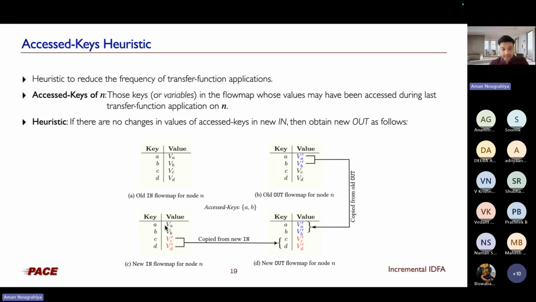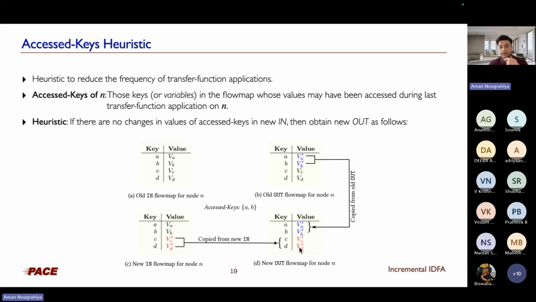Since the values for A and B did not change since the last processing, we know that this transfer function's impact on the set A and B would still be the same. So we'll just copy the values VA prime and VB prime to the new outflow map. Whereas since the transfer function is not at all connected to C and D, we will just copy the new values from the new inflow map to the new outflow map.